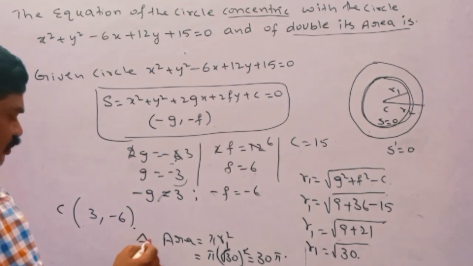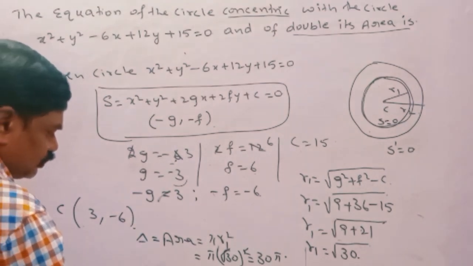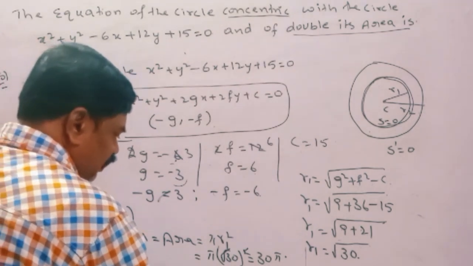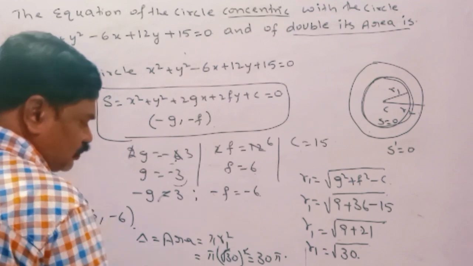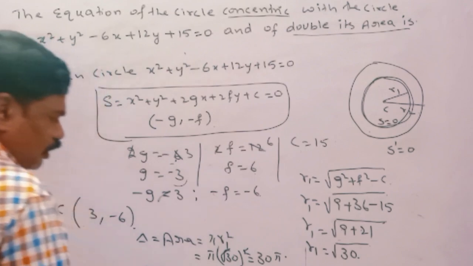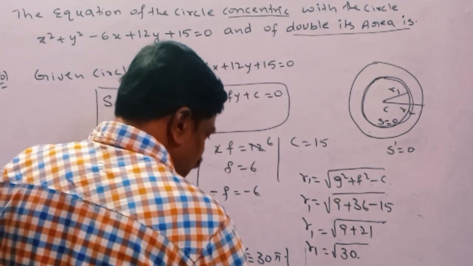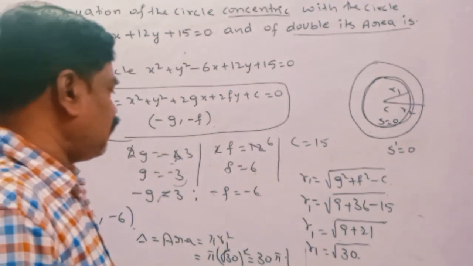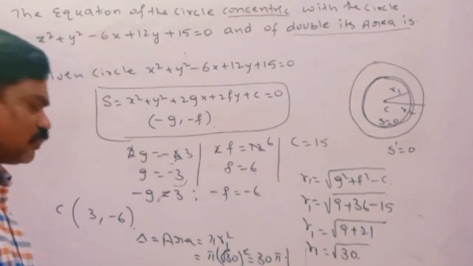So 2 delta is equal to 2 into 30 into pi, that is pi r2 square. Pi is common, cancel out. Then r2 square is equal to 60, so r2 is equal to root 60. This is the second circle's radius, root 60.